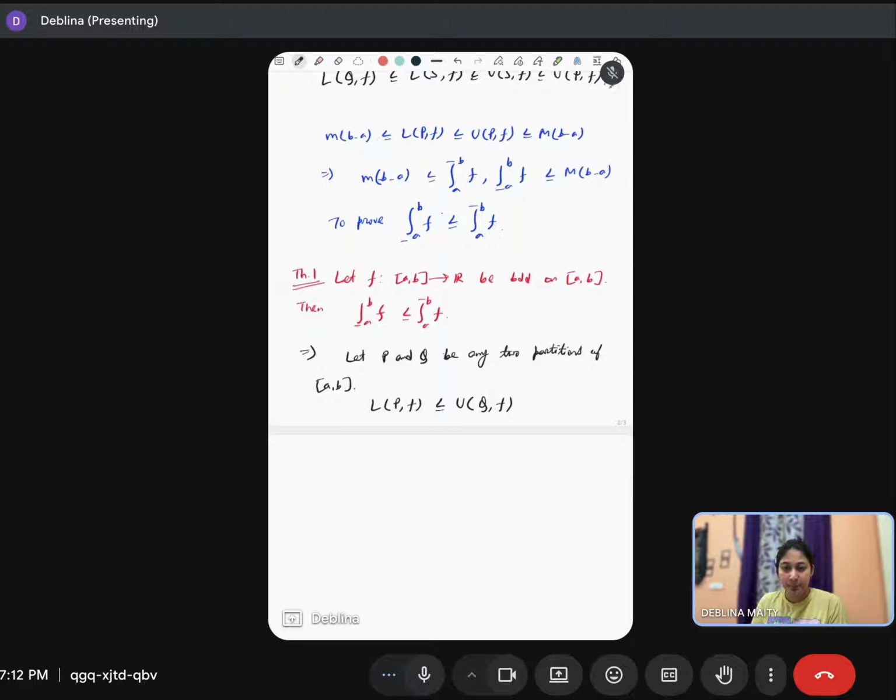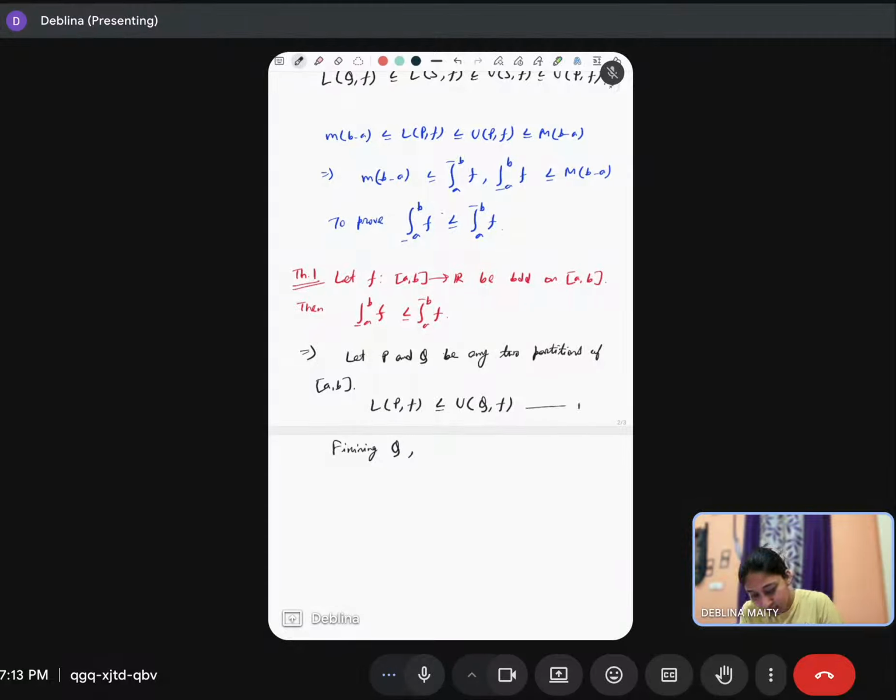Right? Now if we fix Q, and vary P over P[a, b], then this inequality holds for all the partitions P, right?